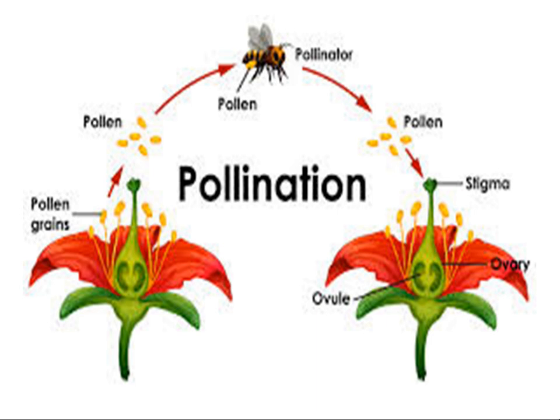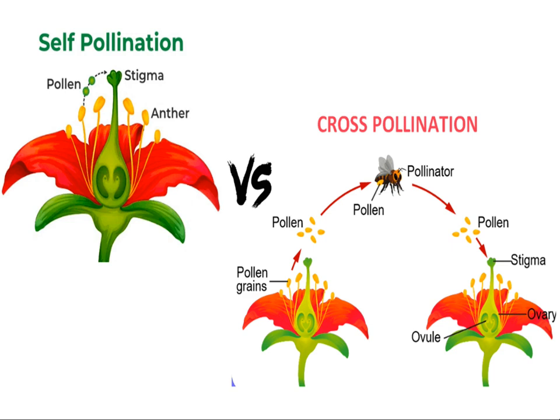Fine. Let us see what pollination is. Pollination is the process in flowering plants during which the pollen from the anther is transferred by the pollinator to the stigma of the female reproductive part. This pollination can happen within a flower or from one flower to another flower.